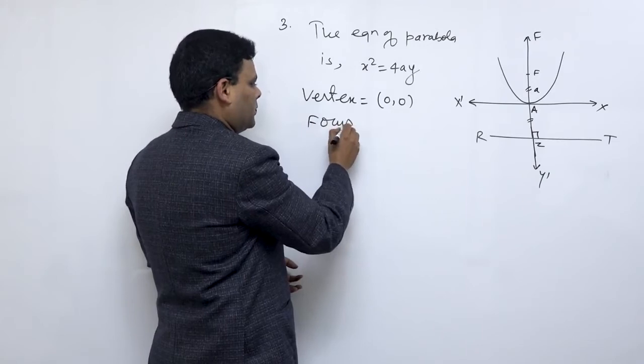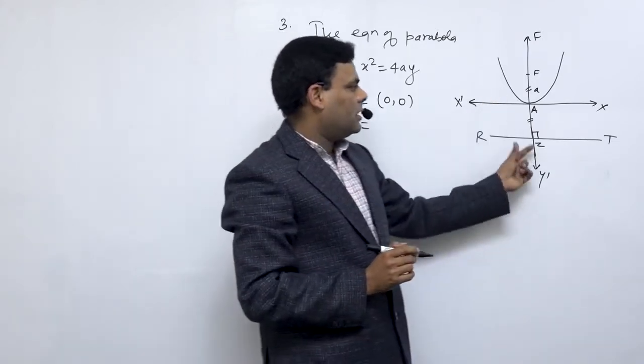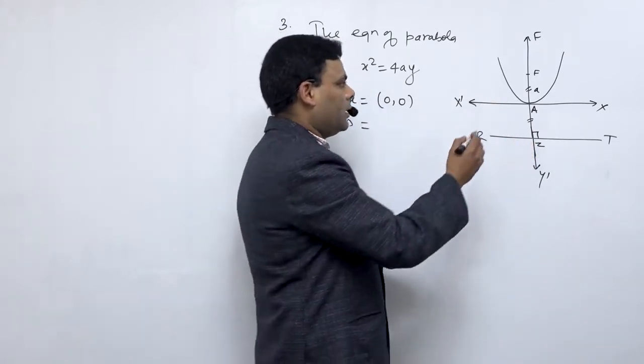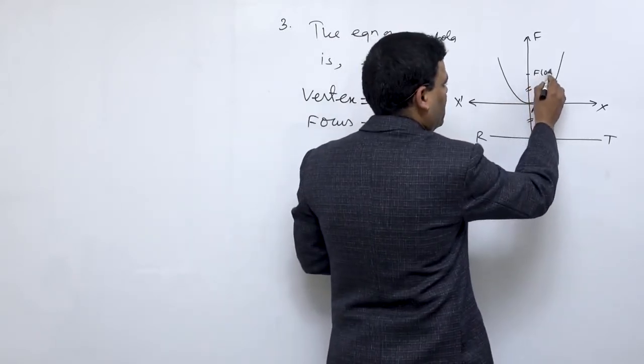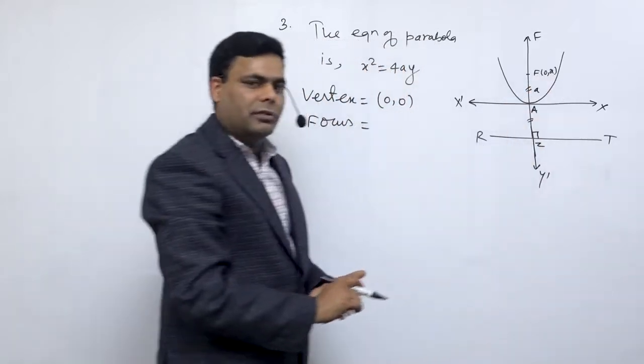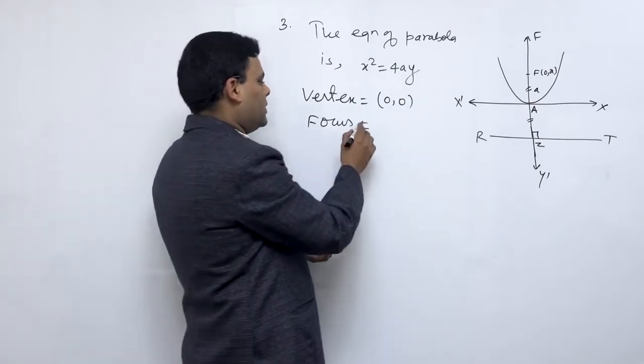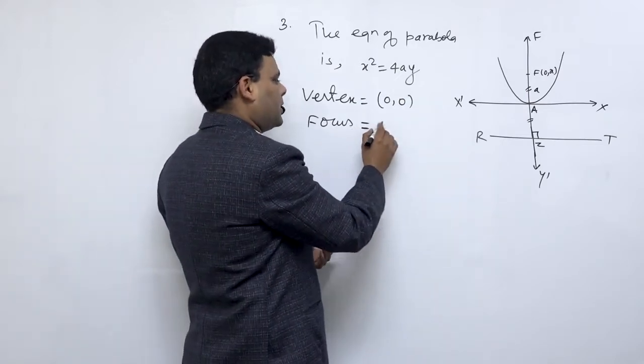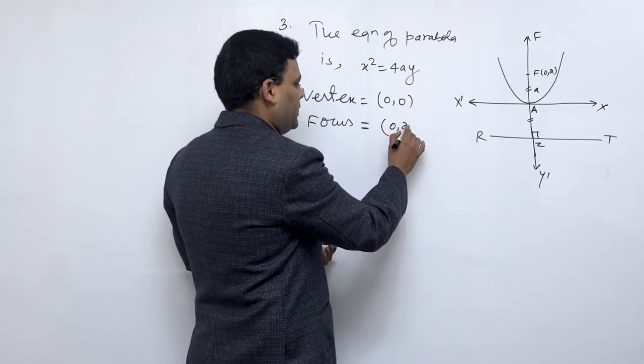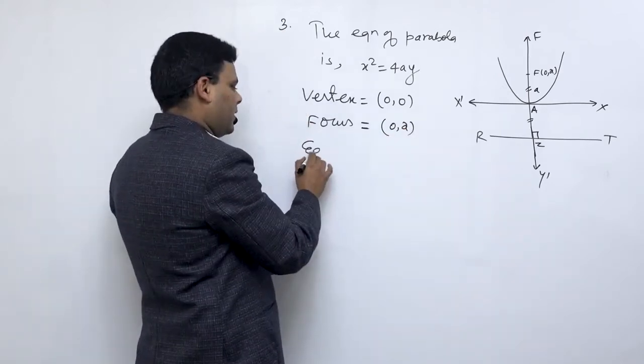Focus: if ZA equals AF equals a, then its focus will be 0 comma a, because on the y axis the x coordinate remains 0, so the coordinate of the focus is 0 comma a.